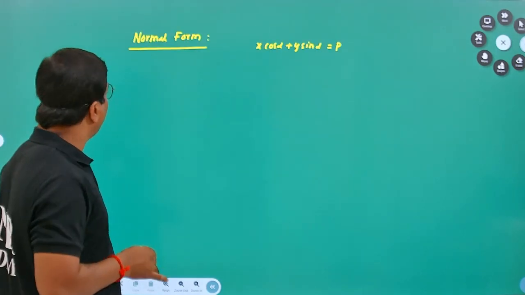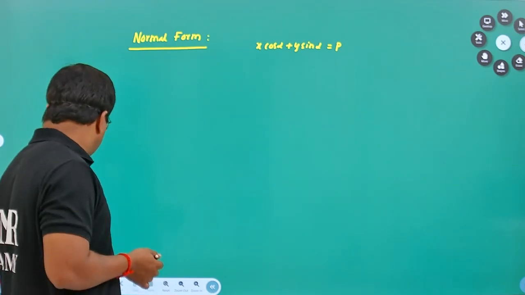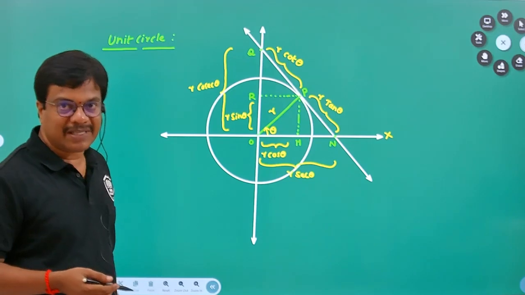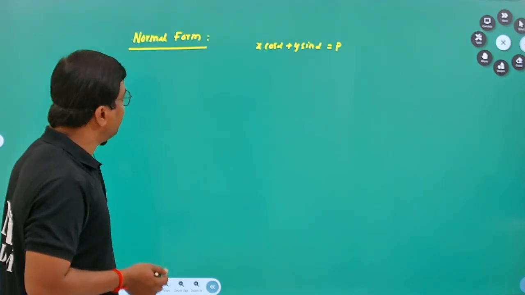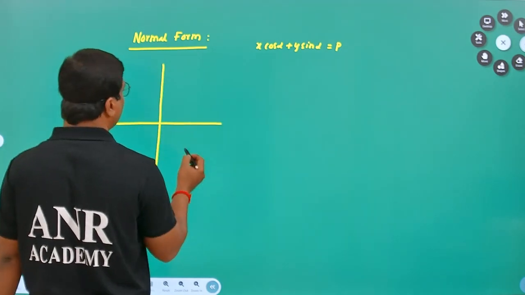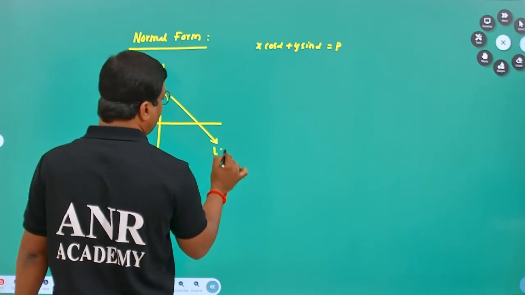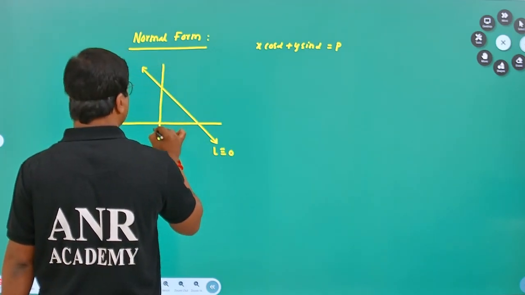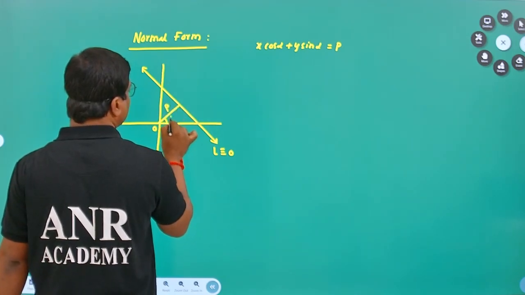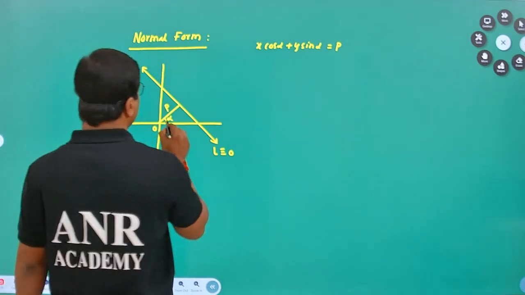See, in the proof of normal form x cos alpha plus y sin alpha equal to p, if you know this result, you can directly write the normal form. Let us observe. In the normal form, a line has a normal of length p units, and the normal makes an angle alpha with positive direction of x-axis in the counterclockwise sense.